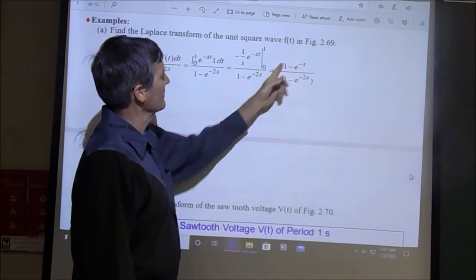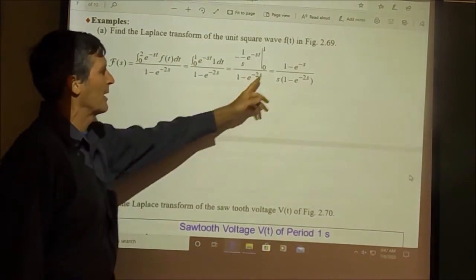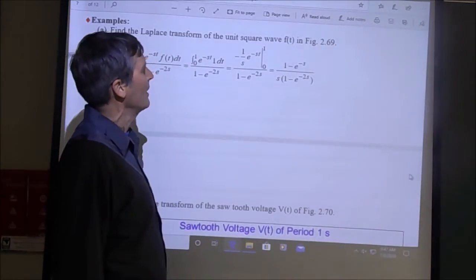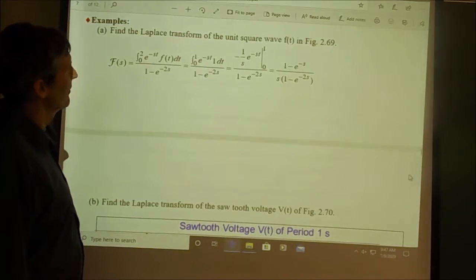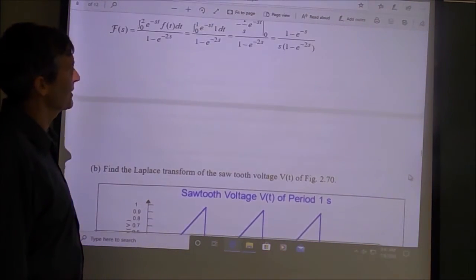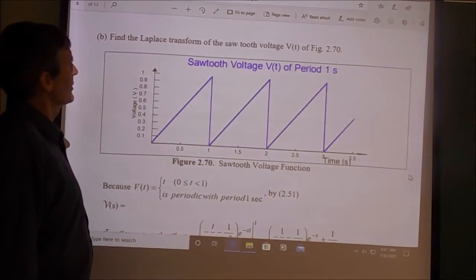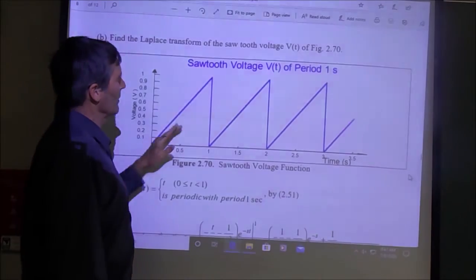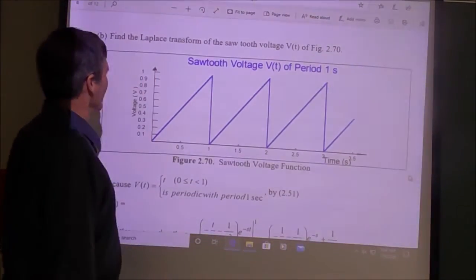And so now you can simplify it algebraically. And there's the transform: 1 minus e to the minus s over s times the quantity 1 minus e to the minus 2s gives you the transform of that square wave. It's not too bad a function. So here's another one, this sawtooth function, as they sometimes call it, where it's got teeth, like a saw blade.